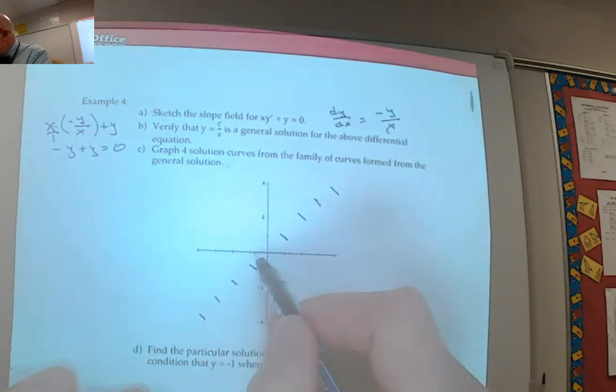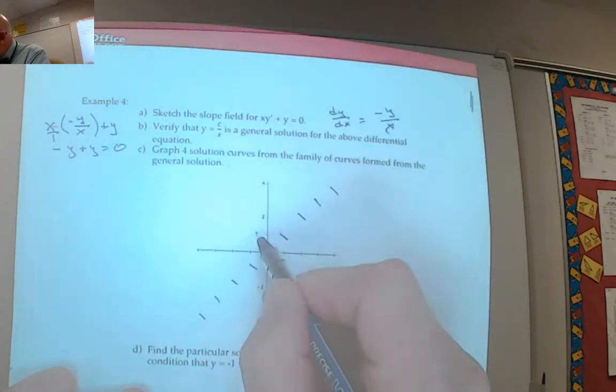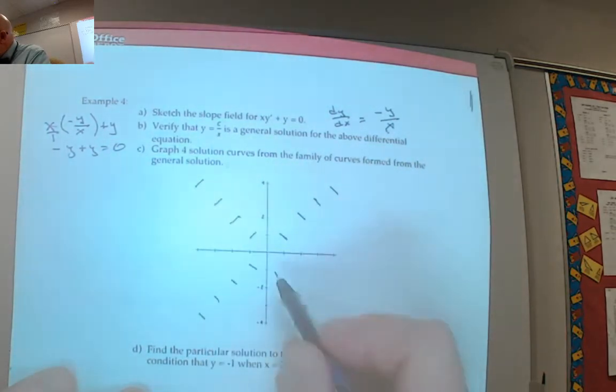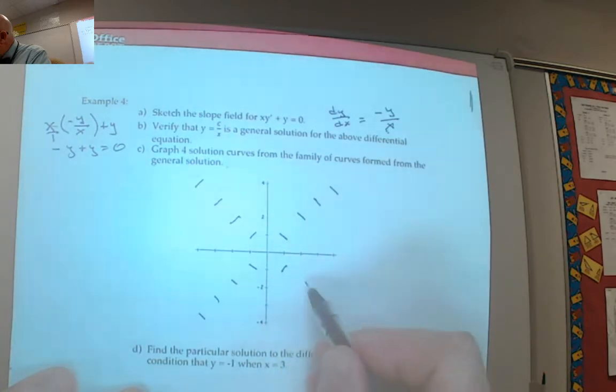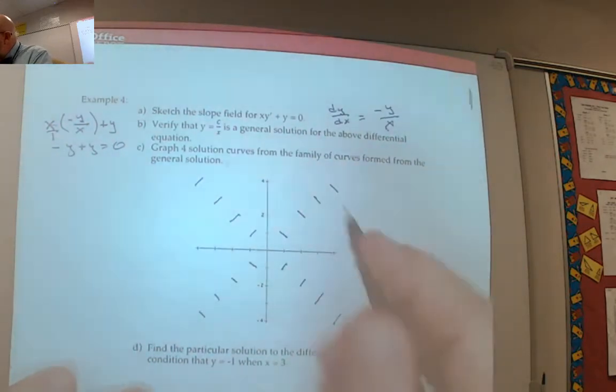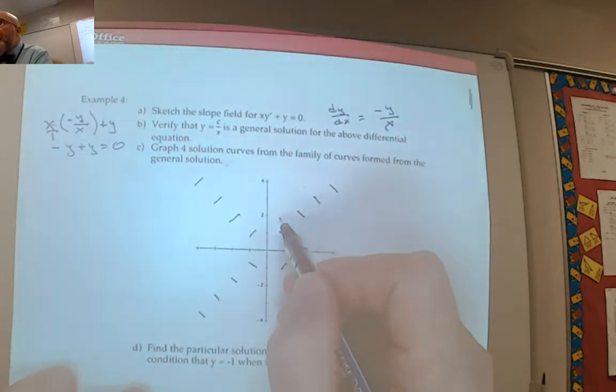What about at negative 1, 1? What do I have? Positive 1. And the same thing would hold true in the fourth quadrant. Okay? What about at 1, 2? What would be my slope now? Negative 2, right?